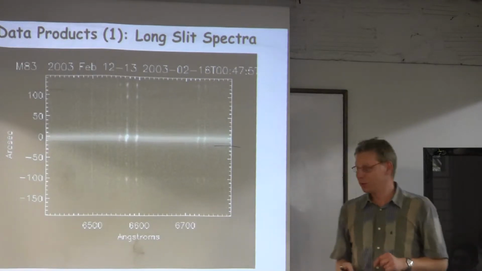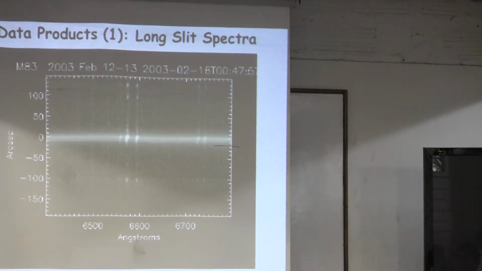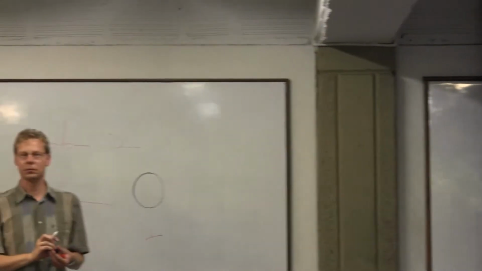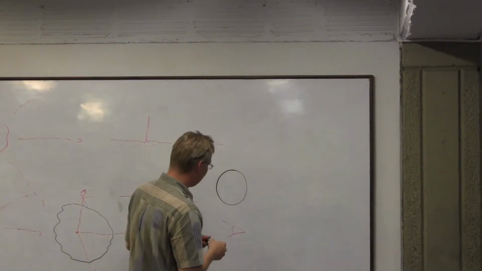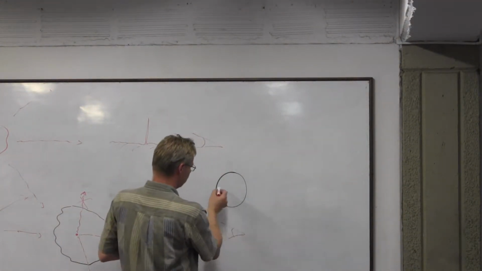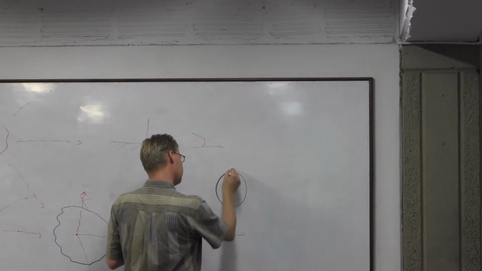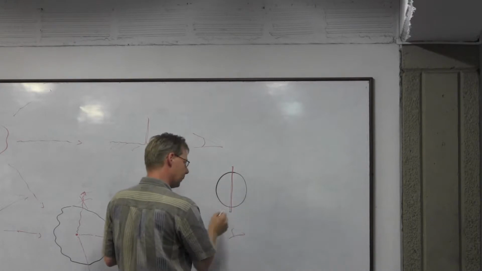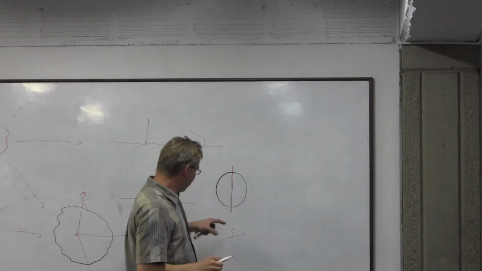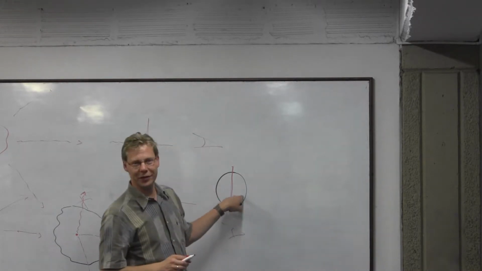Okay, so we essentially have an object on the sky. Say we look at the full moon, and then we take a narrow slit here. So that means that we will never get a spectrum of the left side of the moon or the right side of the moon.